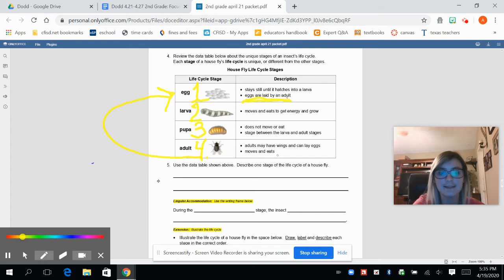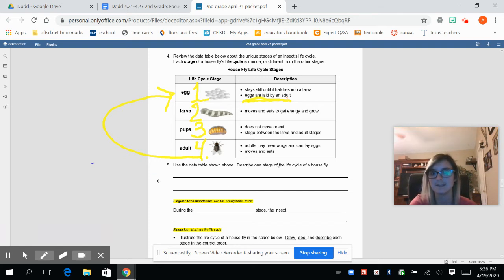All right, let's go over some questions here. It says, use the data table to describe one stage of the life cycle of a housefly. Okay, so we could talk about stage 2, the larva.